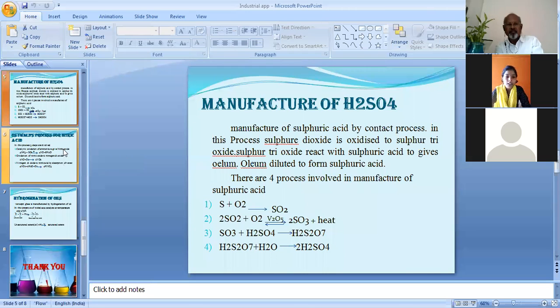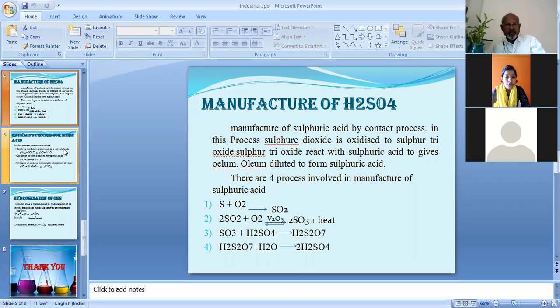In the first reaction, sulfur reacts with oxygen to form sulfur dioxide. In the second reaction, sulfur dioxide reacts with oxygen in the presence of the catalyst vanadium pentoxide. It is a positive catalyst that speeds up the reaction. The reaction is carried out at a temperature of 450 degrees Celsius, and the product sulfur trioxide forms and heat is released, so it is also an exothermic reaction.